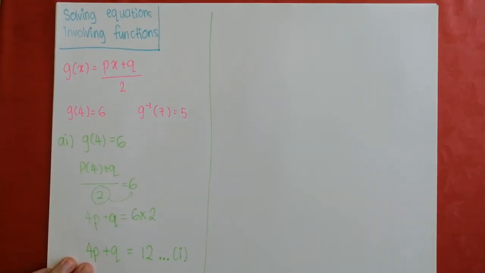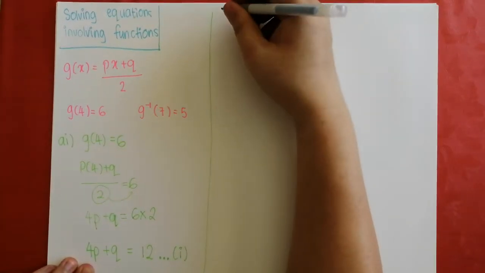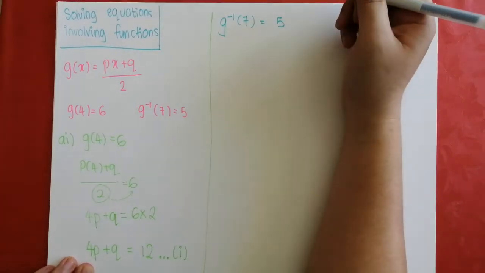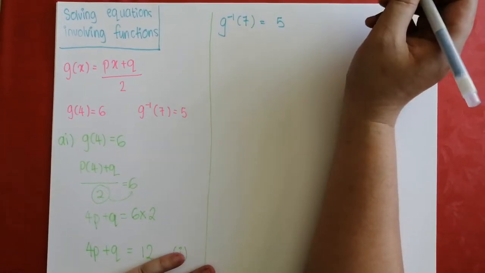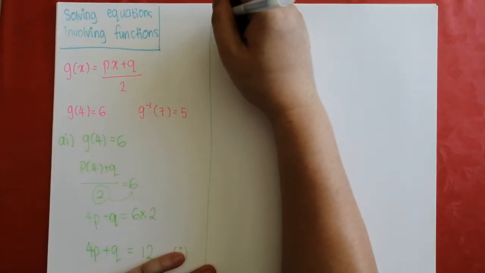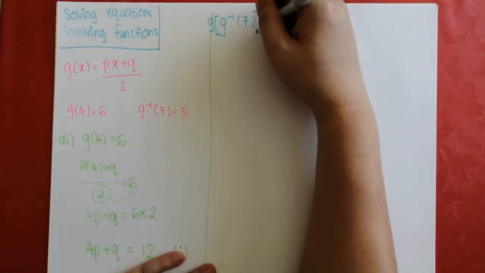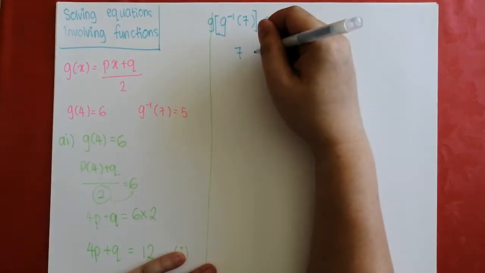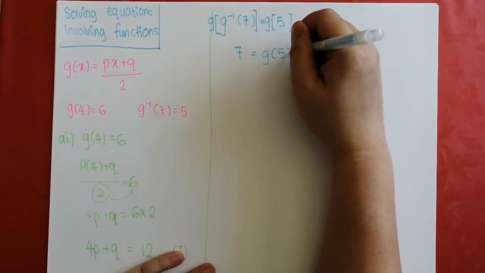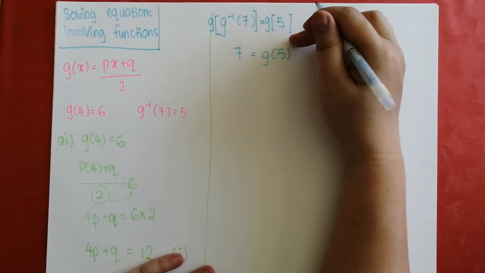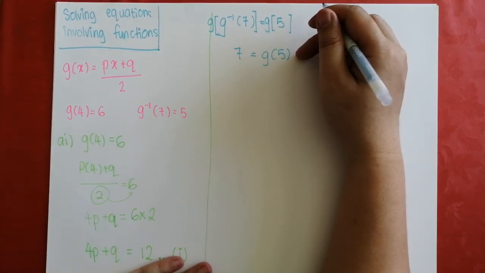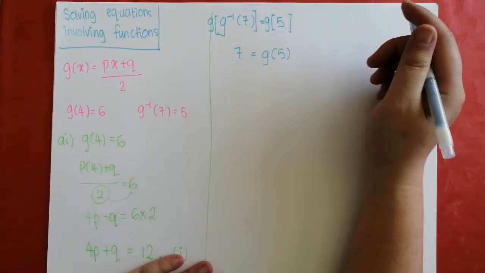Using the second condition given, g inverse of 7 equals 5. From the previous video on inverse function, we know that if g inverse of 7 equals 5, that means that 7 equals g of 5. If you are still unfamiliar with this identity or property, please go to the previous video on inverse function to have a look at it.